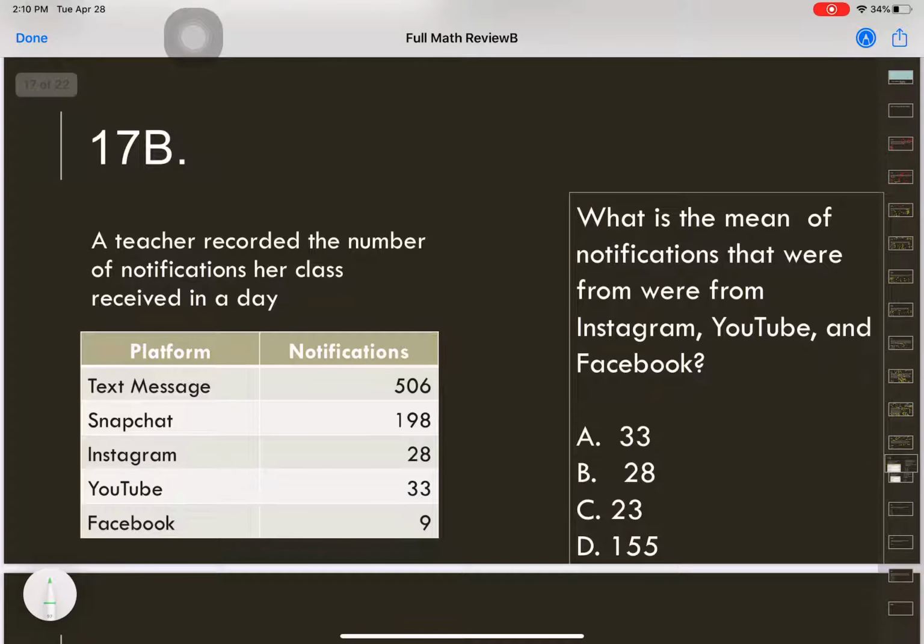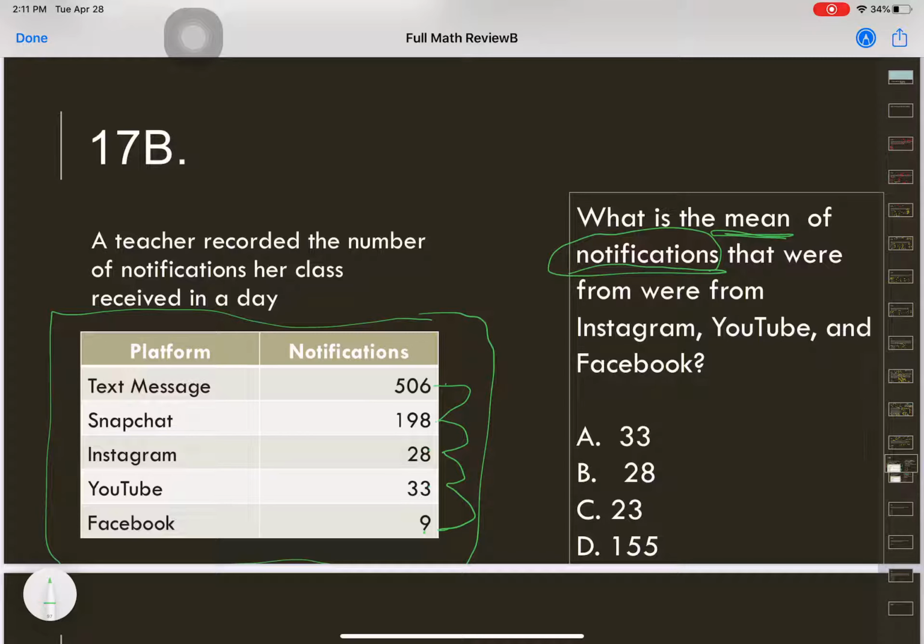17b. Same type thing. We use the same data. We're asking a different question this time. What is the mean of the notifications? Now, some people will see this mean and they'll just go 506 plus 198 plus 28 plus 33 plus 9. Then divide by 1, 2, 3, 4, 5, and that's it. But it only wants you to select a specific amount from that data.